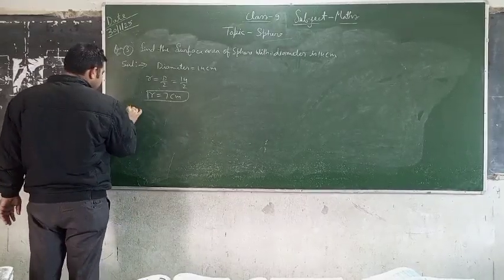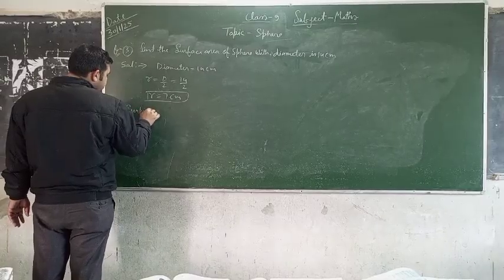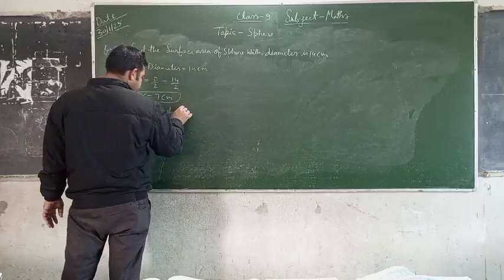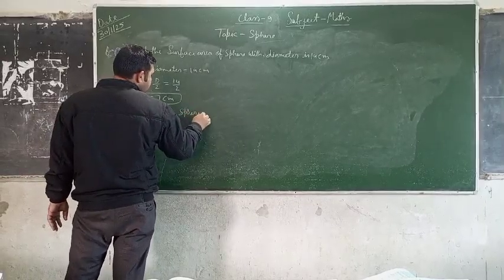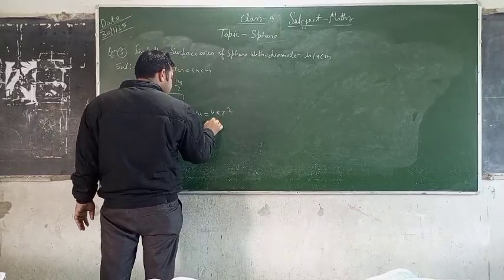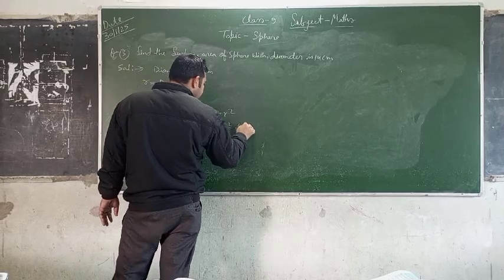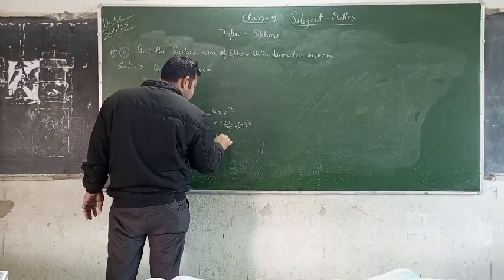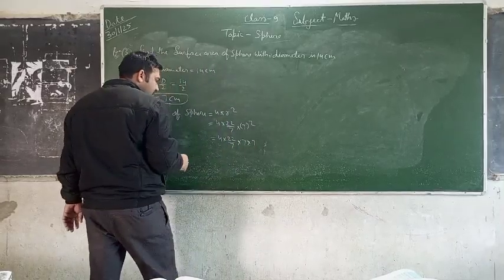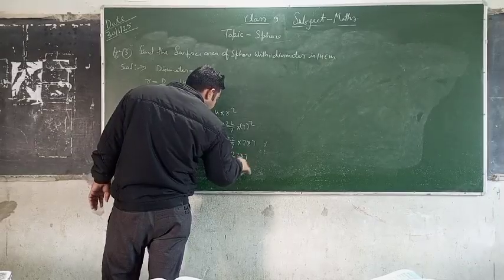Now surface area of a sphere, that is 4 pi r square, which is 4 into 22 by 7 into 7 square, that is 4 into 22 into 7.